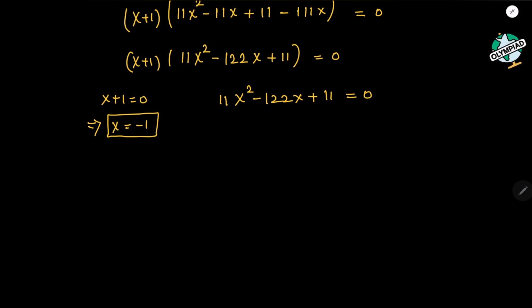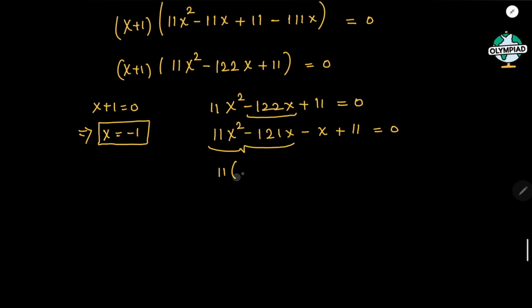Let us find the other two roots now. 11x² − 122x + 11 is a quadratic equation. I will have to make factors such that when I add them I get 122, and when I multiply them I get 121. Why? Because 11 times 11 is 121, right? From these two I will take 11x common, and I'm left with x − 11.